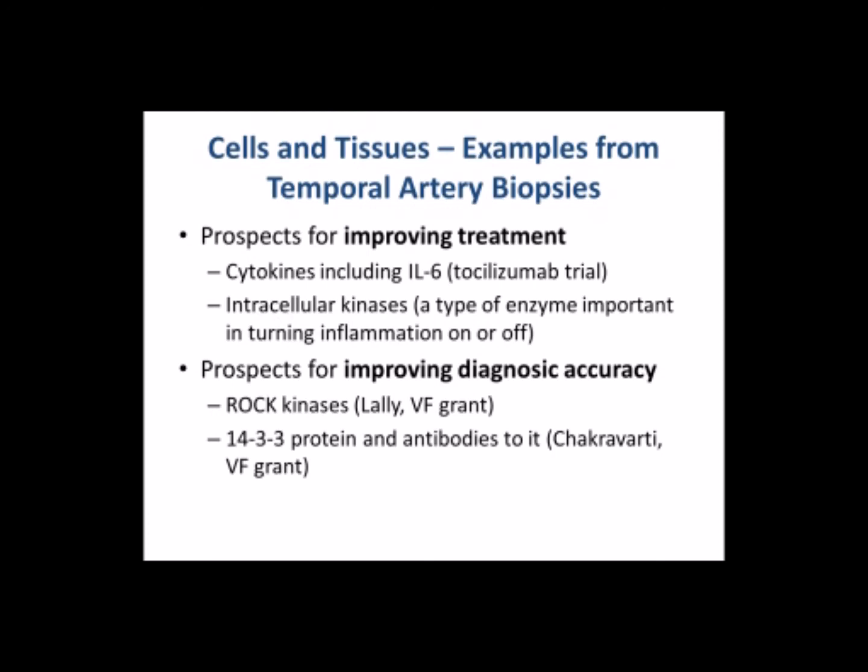In this case, these kinases are very important in turning inflammatory cells on or off, so that's pretty key to autoimmune disease, but also fighting infection. One example is intracellular kinases: a lot of drug companies are developing drugs that target specific ones for a variety of reasons, so there's prospect for improving treatment eventually, but those trials aren't in progress yet.